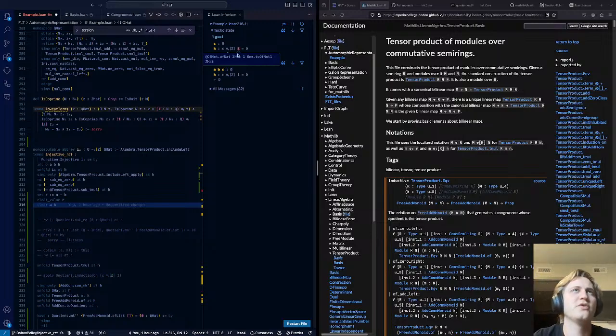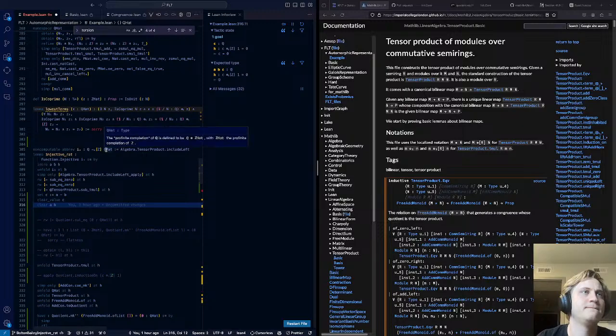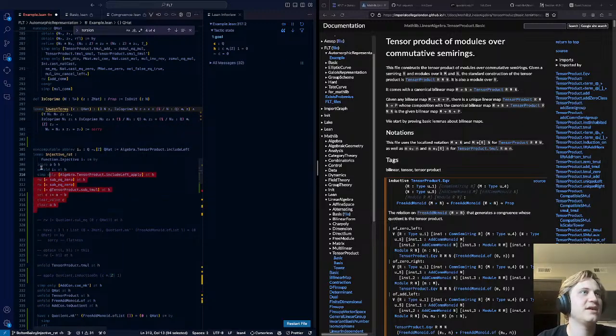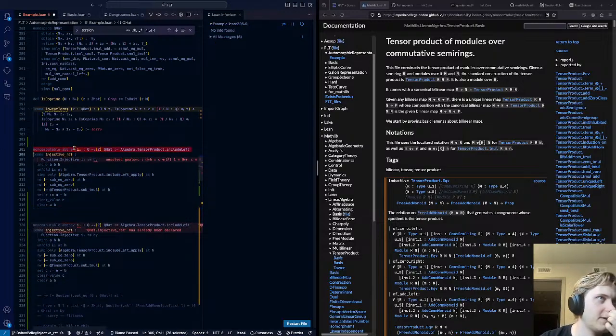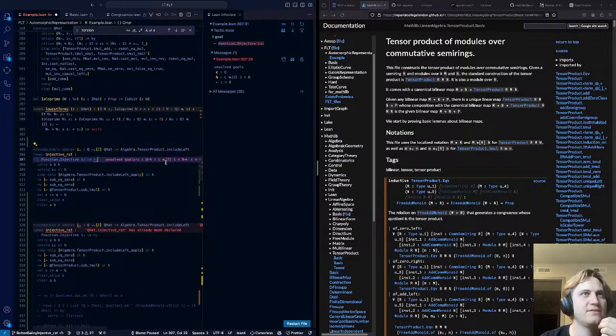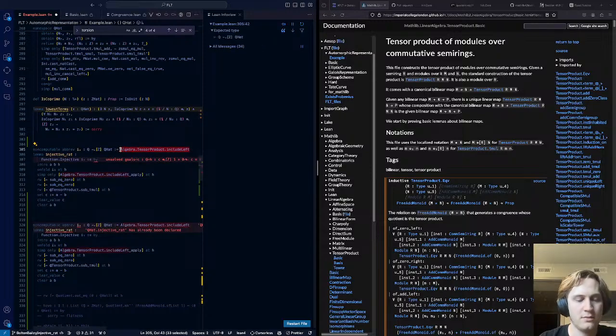I wonder if I can prove that separately. What happens if I do that? What happens if I take all this, okay, forget about this abbreviation. Include left is the name of the abbreviation.